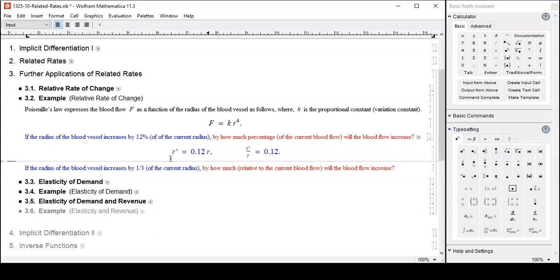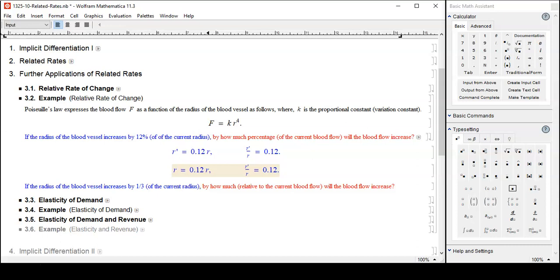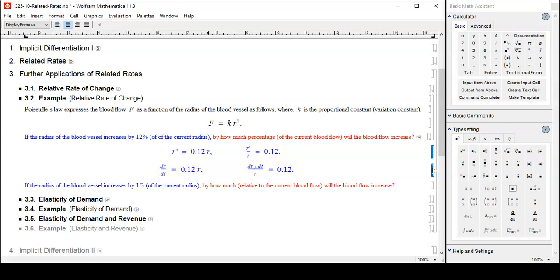If you prefer the Leibniz notation, then you can re-express it as dr/dt, and then this one is r, like this. But me, I prefer prime notation.